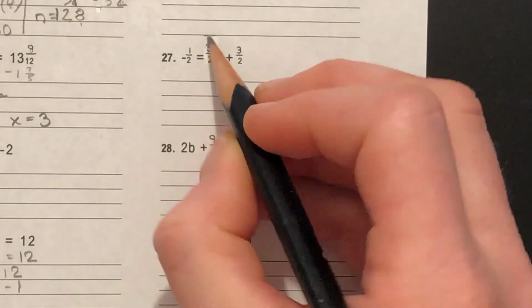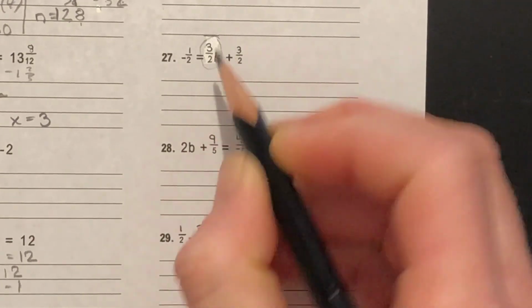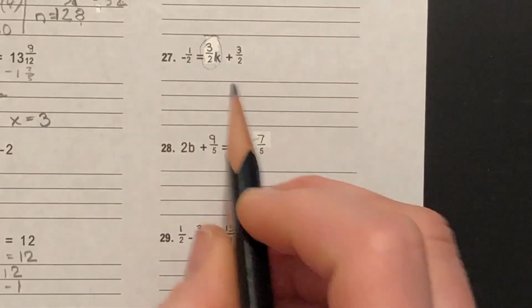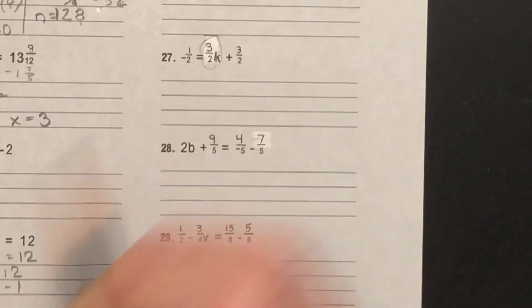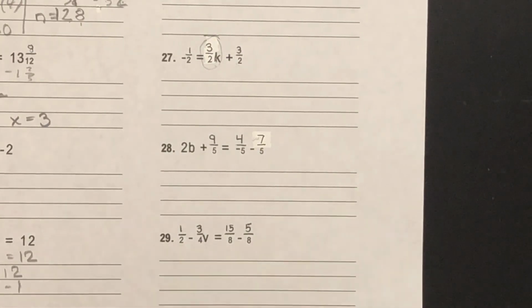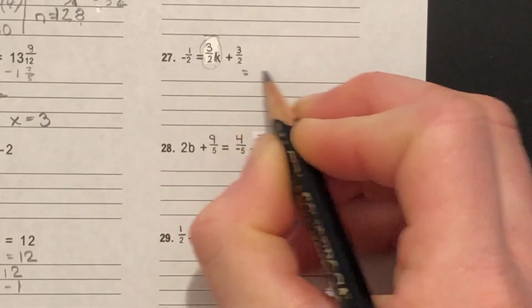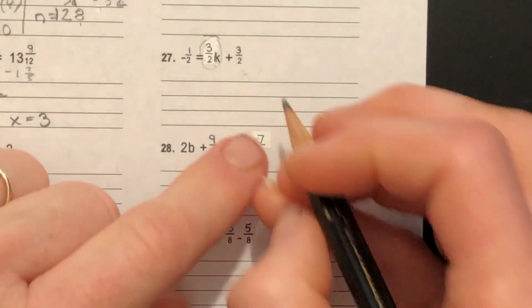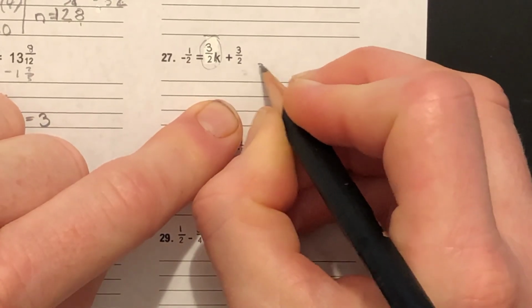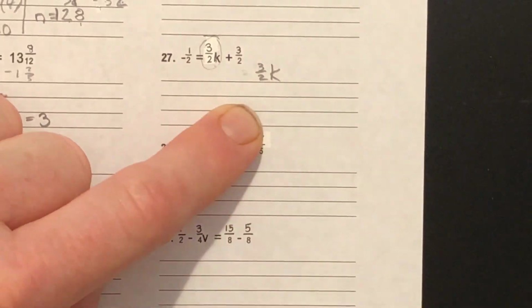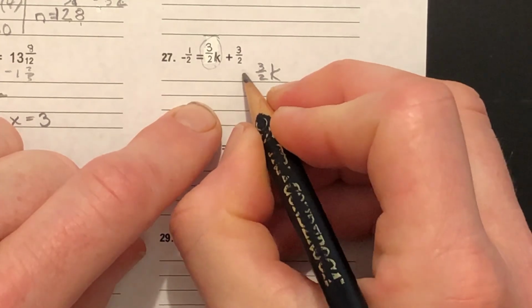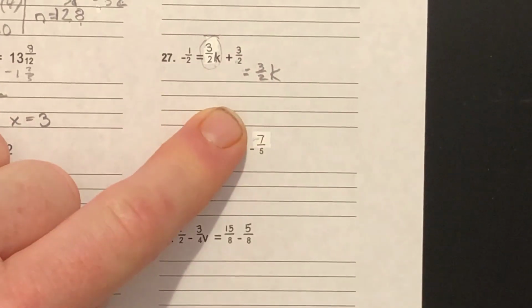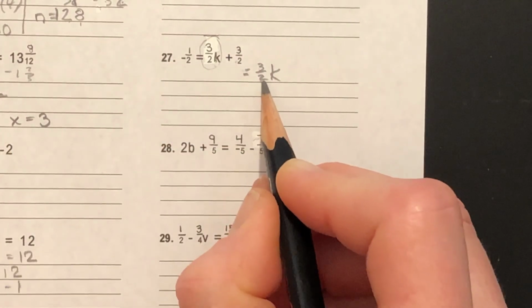All right, so the first thing that you want to do is isolate the 3/2 k. So you're going to subtract 3/2 from both sides. When you have 3/2 k all by itself, you want to get rid of that 2 on the bottom.